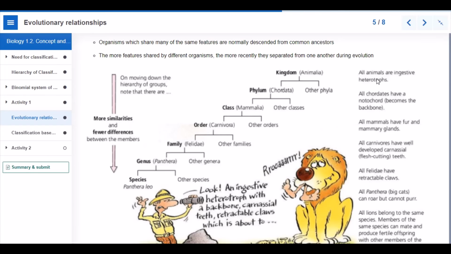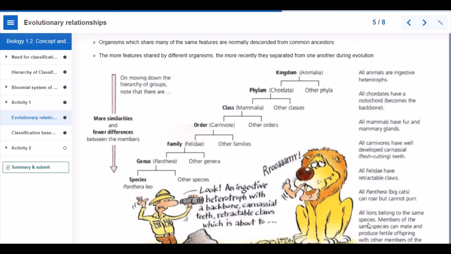For instance, here we have all animals are ingestive heterotrophs. All chordates have a notochord, which later becomes a backbone. All mammals have fur and mammary glands. All carnivores have well-developed carnassial flesh-cutting teeth. All Felidae have retractable claws. All Panthera, that is big cats, can roar but cannot purr.